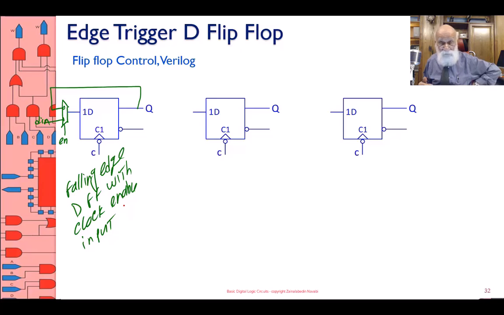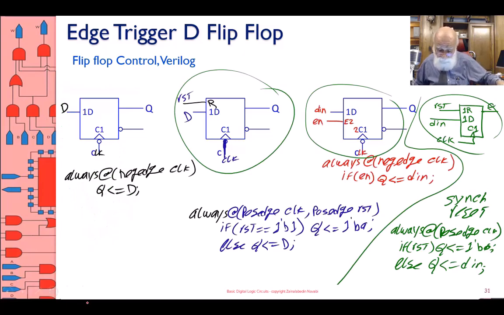What if I want to add a reset? And this is the second flip-flop that I have. Remember, the red one is... let's see, where do I have the reset? No, this was the reset. That's okay.